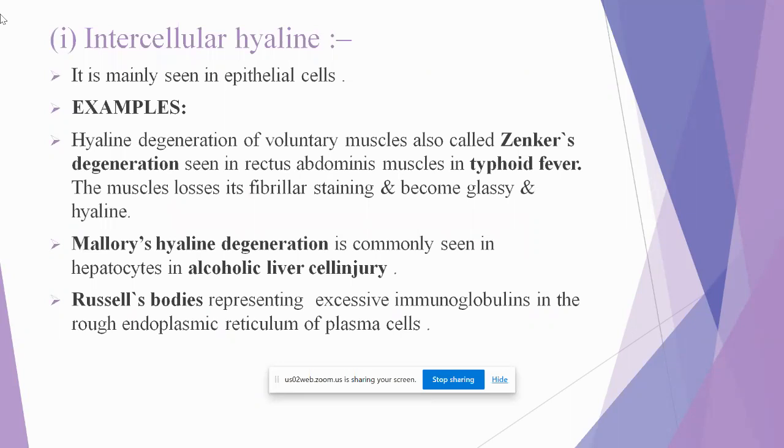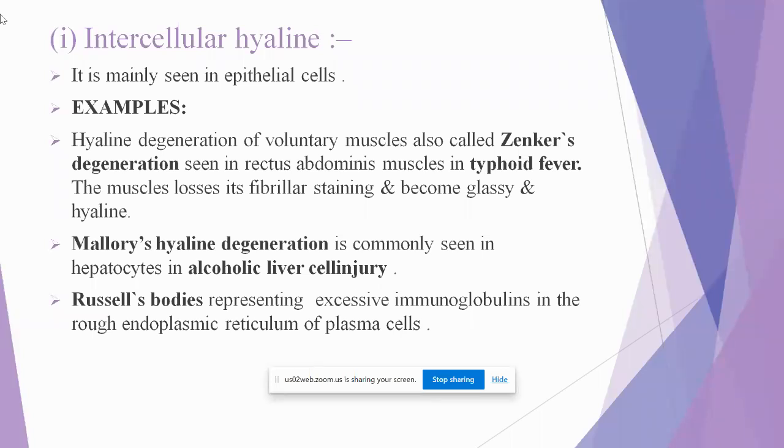Intracellular hyaline change may be seen in epithelial cells. For example, hyaline degeneration of voluntary muscles, also called Zenker's degeneration, seen in the rectus abdominis muscle in typhoid fever.